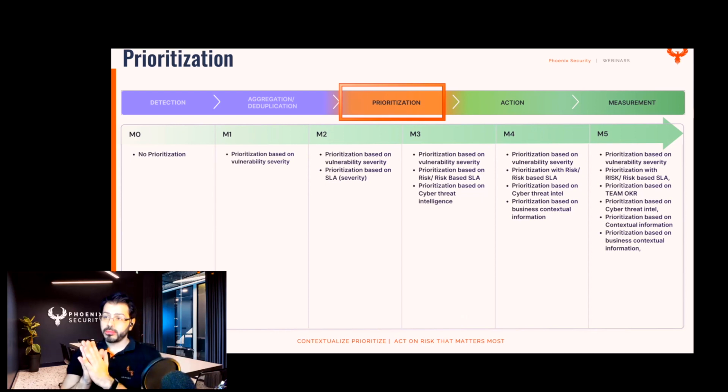But coming back to the maturity framework, maturity level 2 is probably where a lot of organizations will step into after looking at the criticality or the severity of a particular vulnerability, because it doesn't require a lot of effort in terms of insight, intelligence, asset management.